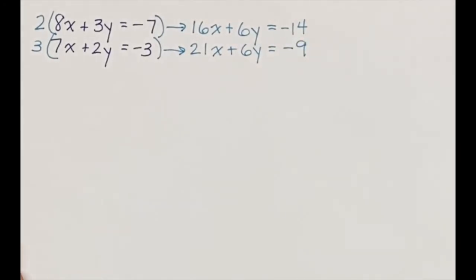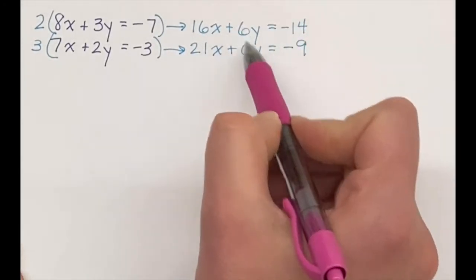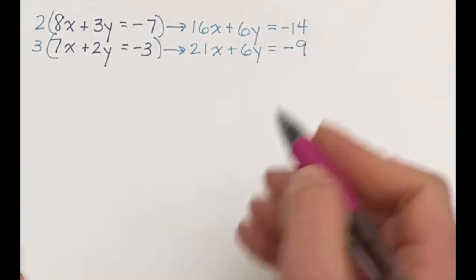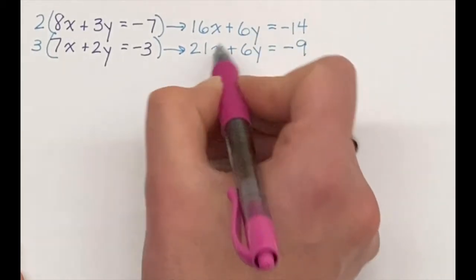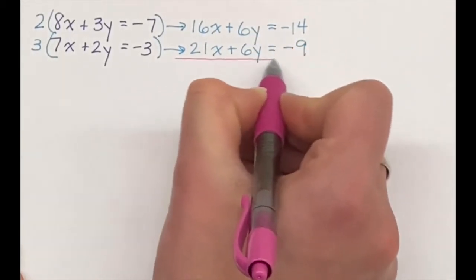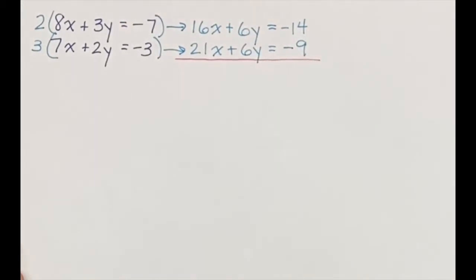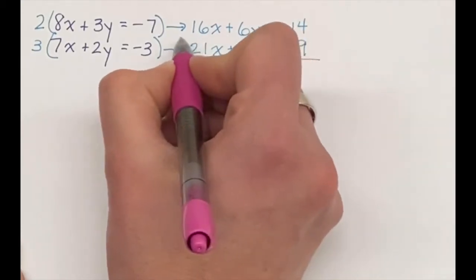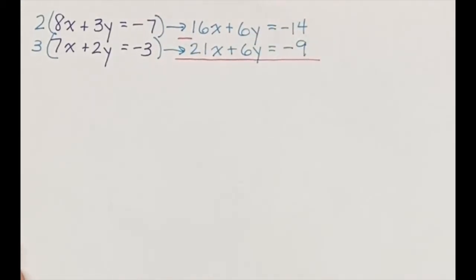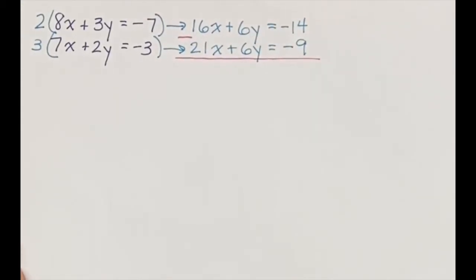Now if you notice, now the coefficients on my y's match, and they are both positive. And I want to eliminate those, which means I need to do an operation that will make the y's become 0. So 6 plus 6, that doesn't get rid of them. 6 minus 6 is 0, so I need to subtract this equation.